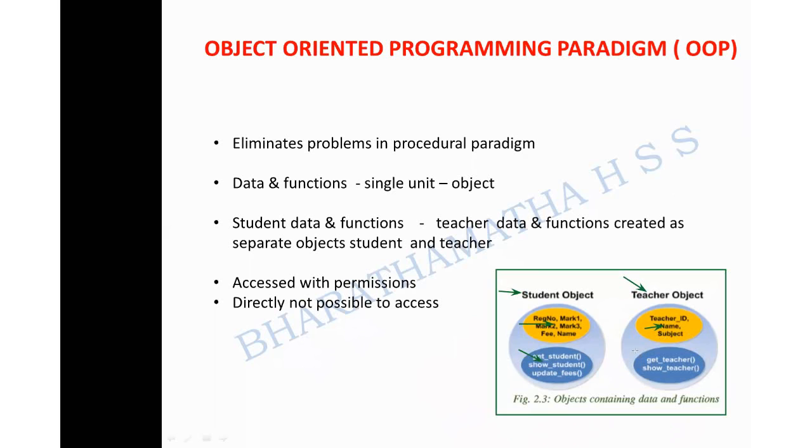These are combined together into a single unit, your data and your functions are combined together into a single unit known as your object. So this is how you are going to define your concept of OOP. How you are going to define that, you will be learning now.